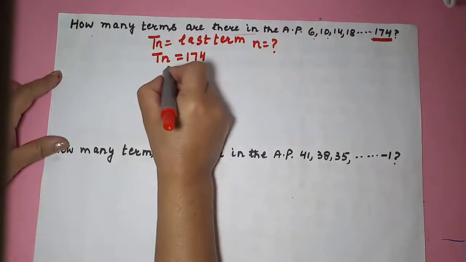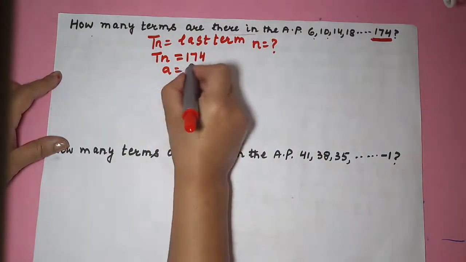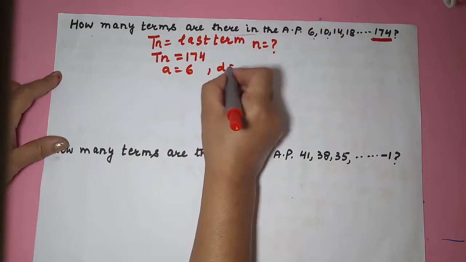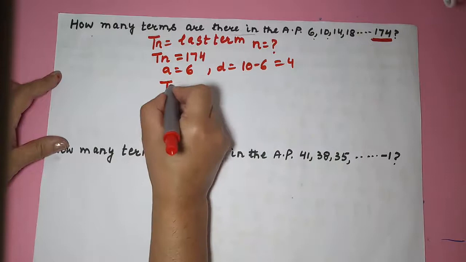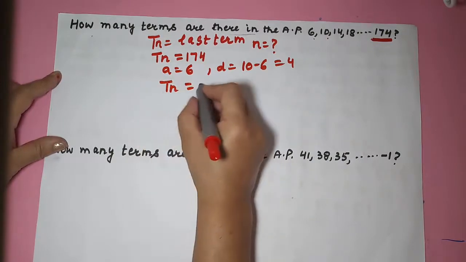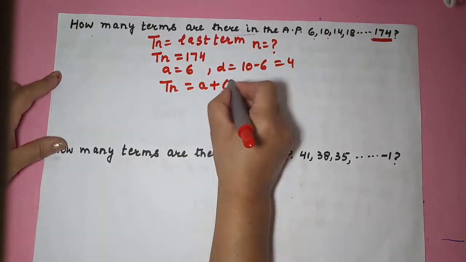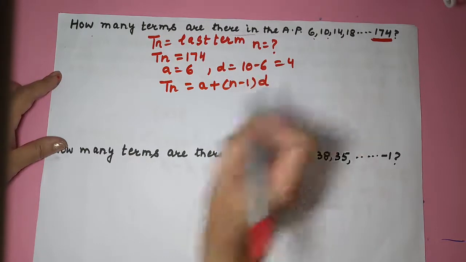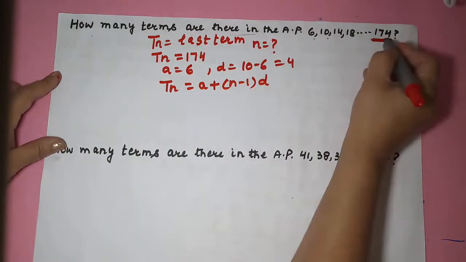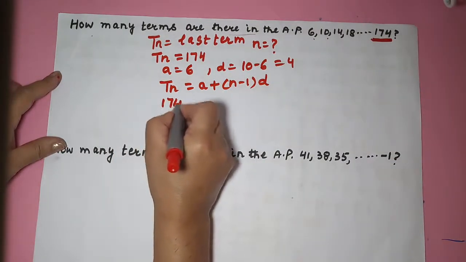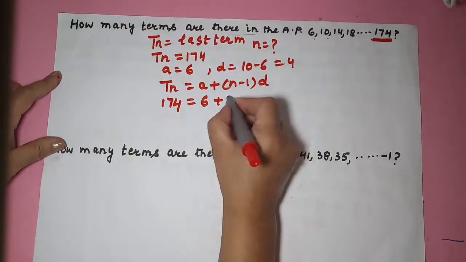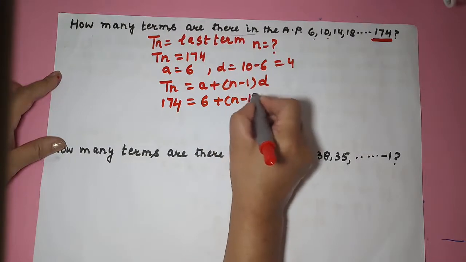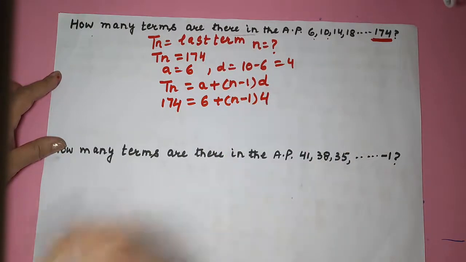Fine. What is A in this series? 6. What is D? 10 minus 6, which is 4. And let's write the general term or the last term: A plus n minus 1 into D. Now this is given 174, so I will replace this by 174. A is given 6, plus n I don't have, I have to calculate that, and D is given 4.